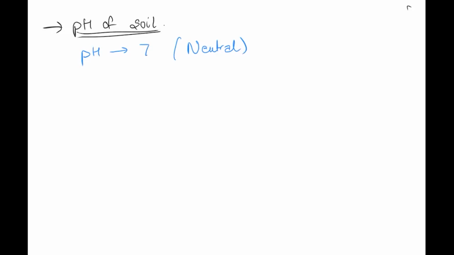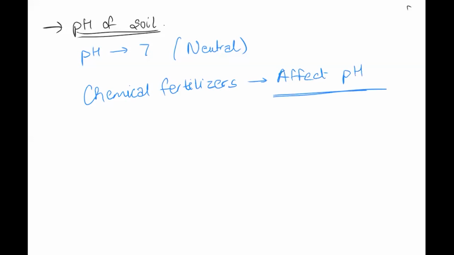And if the pH changes, then we can use substances, chemical fertilizers. We all know that chemical fertilizers are used. So these chemical fertilizers can affect the pH and cause it to be acidic or basic in nature. So again, if it becomes acidic or basic, we need to add suitable substances.